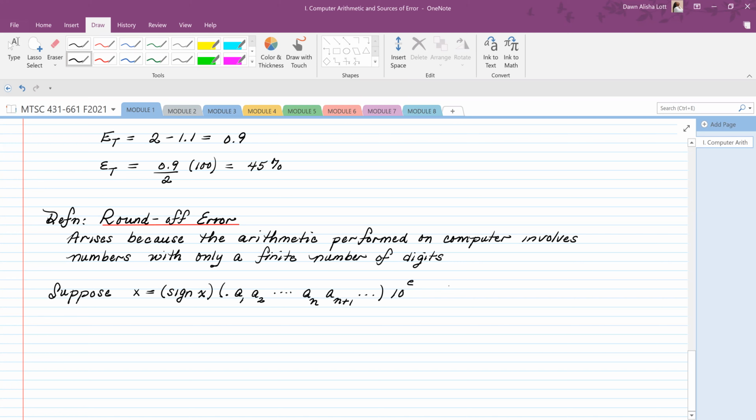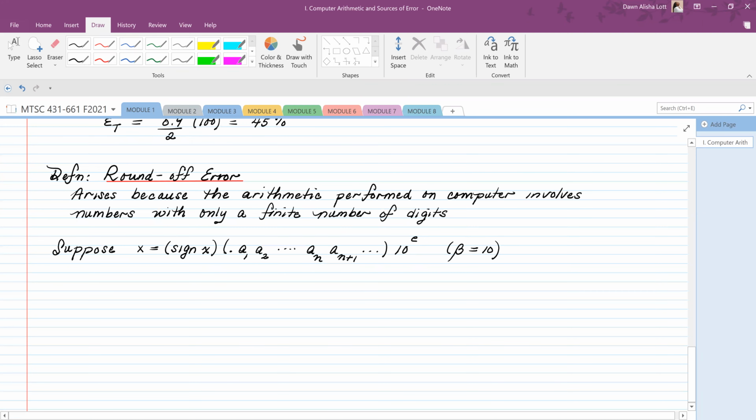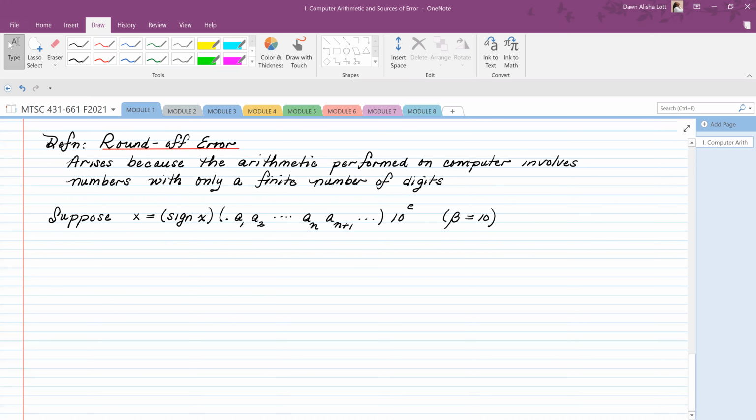So here beta's 10. All right. Then this is how it's going to compute the round.